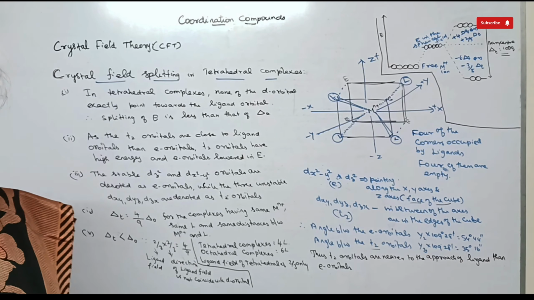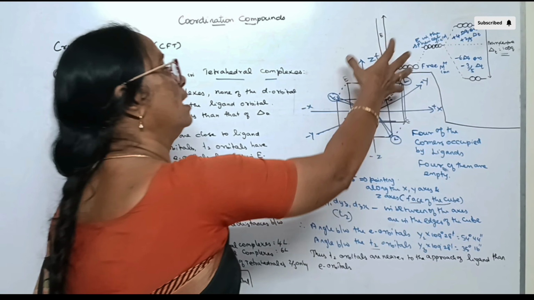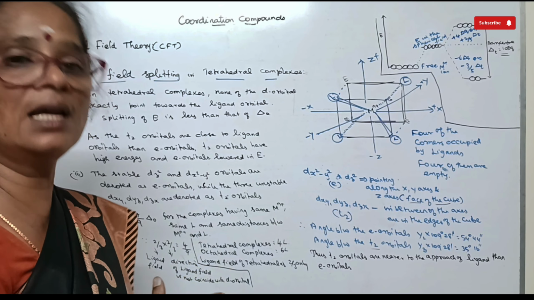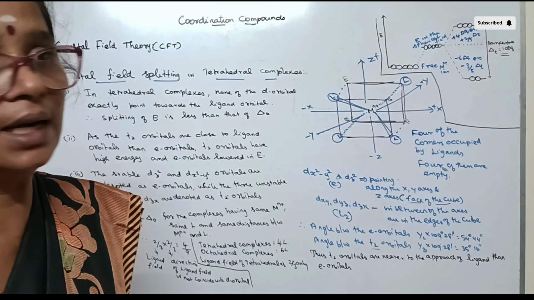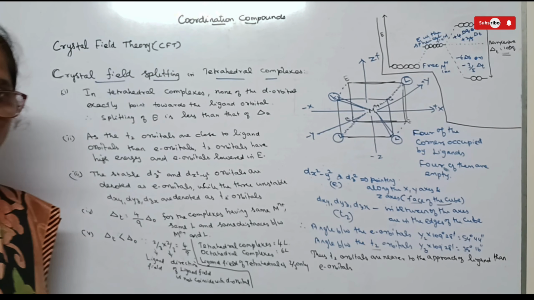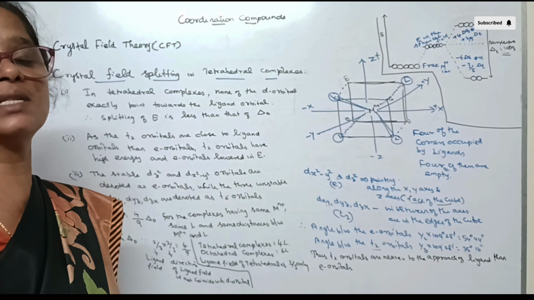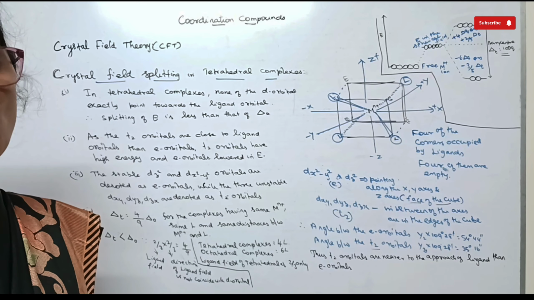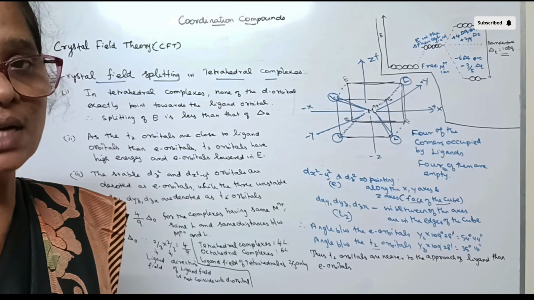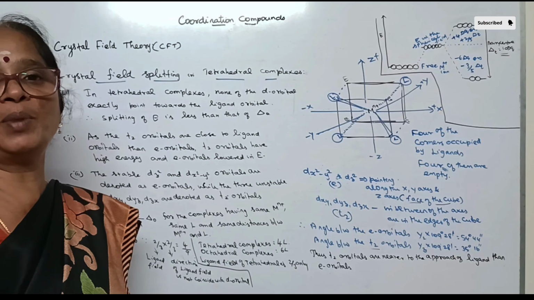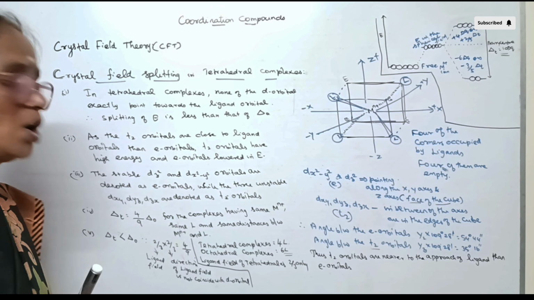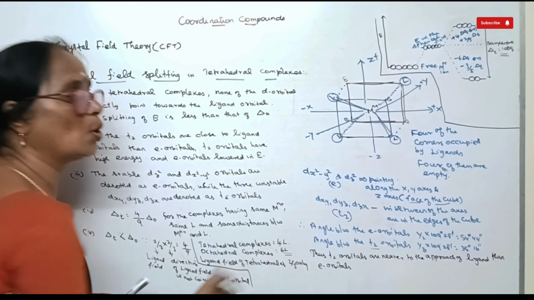Now let us find out whether the energy required for the tetrahedral complexes is greater or lower than for octahedral complexes. Actually, tetrahedral complexes are lowered in energy compared to octahedral complexes. This is because in the octahedral complexes we are using 6 ligands, but in the tetrahedral complexes we have only 4 ligands.